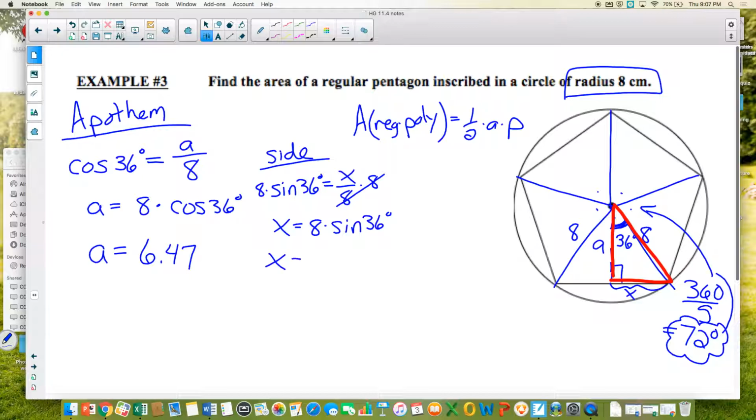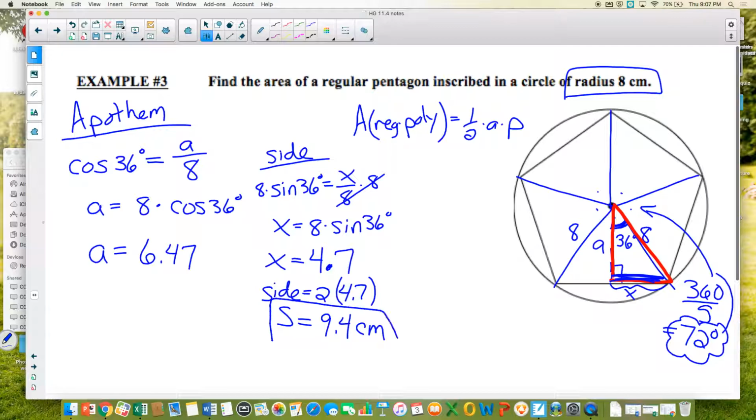So X is equal to 8 times sine 36, which is roughly 4.7. So that's what X is. And remember, X is only half of a side. So if we want to find the side length, the side is equal to 2 times that. 2 times 4.7, we get the side length is 9.4 centimeters.